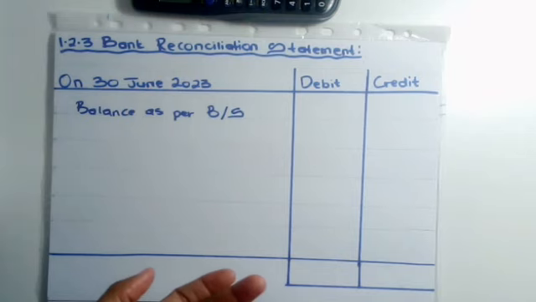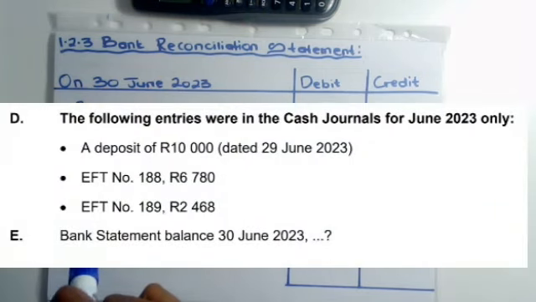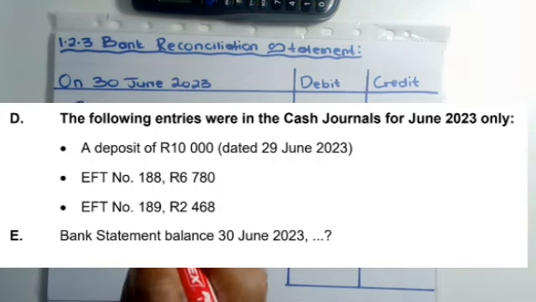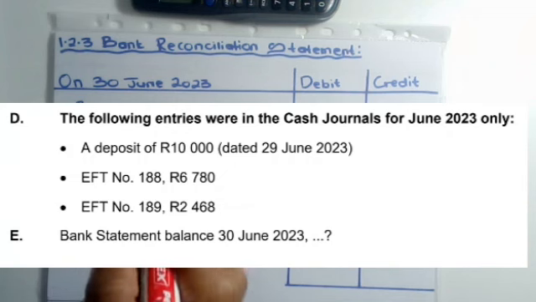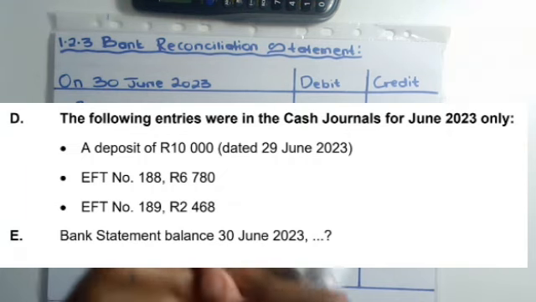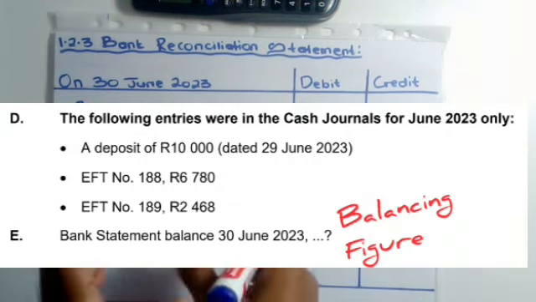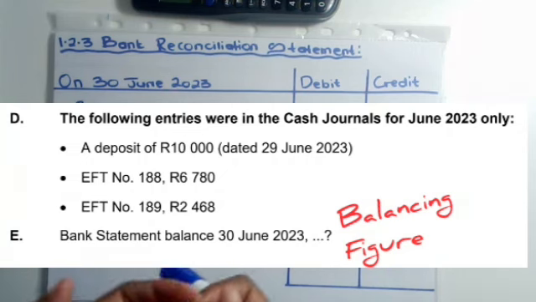In our information, you will see in information E, that's where they were supposed to give us our bank statement balance. It says bank statement balance on 30 June and it shows you a blank, meaning that in that scenario, when they don't give it to you, the only other possible explanation is that it's a balancing figure.